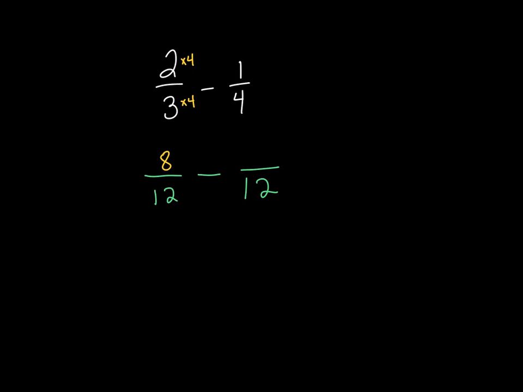And then 4 has to be multiplied by 3 to get 12. So we also do 1 times 3, which is 3. Now that I have the common denominators, I can subtract. 8 minus 3 is 5, and then my common denominator is 12. So 5 over 12.